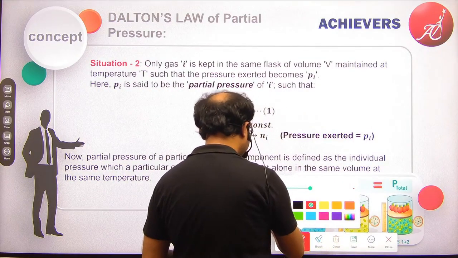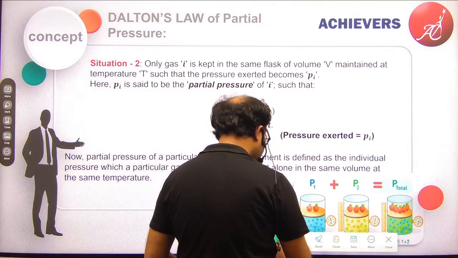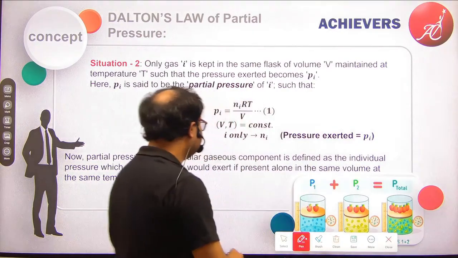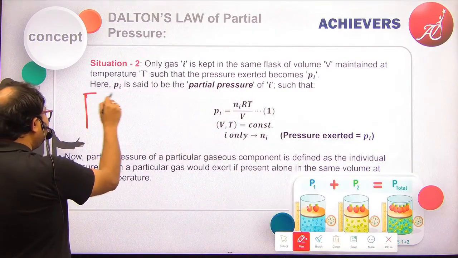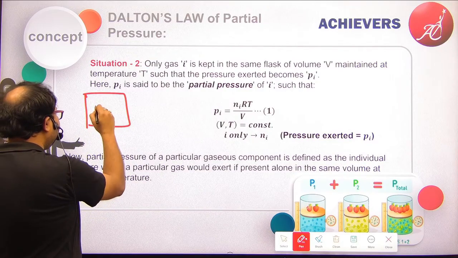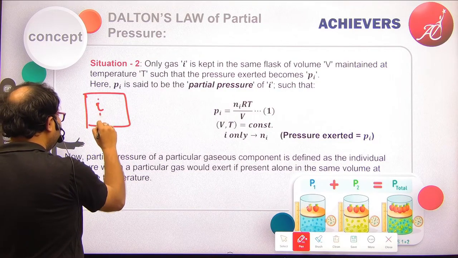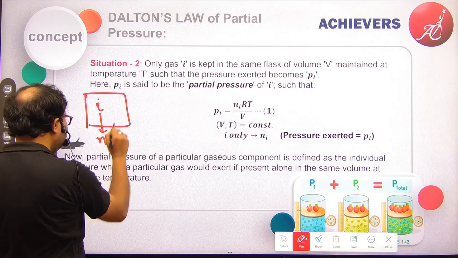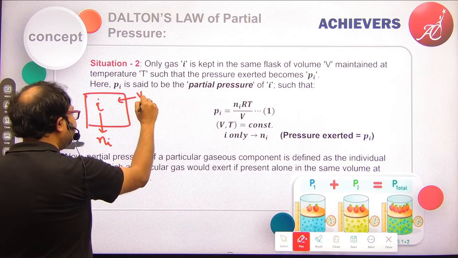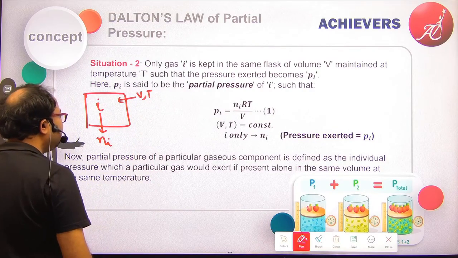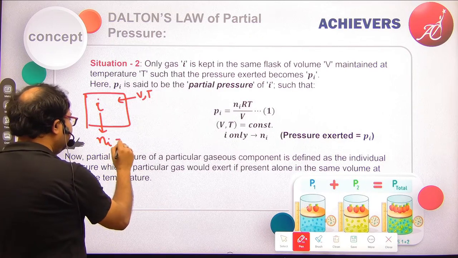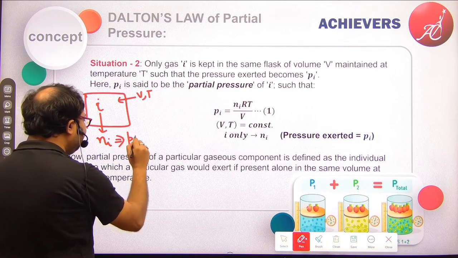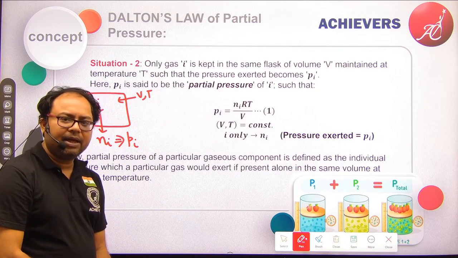You see, in situation 2, you have gas I, whose number of moles is Ni, volume is V, temperature is T. And it exerts a pressure equal to the partial pressure given by Pi.